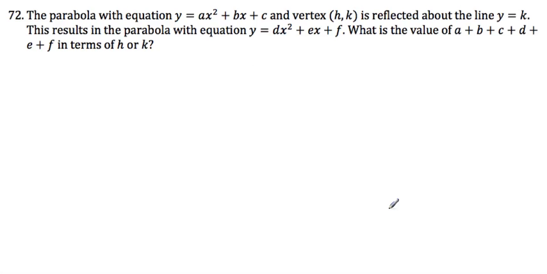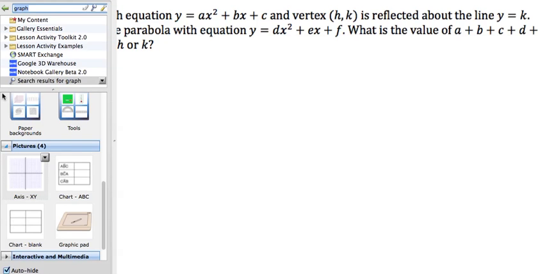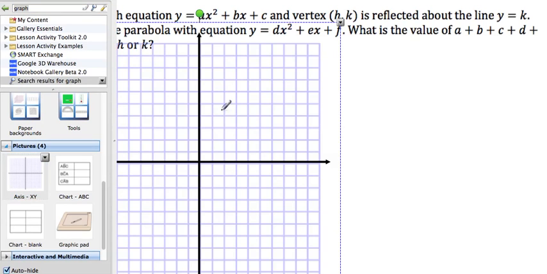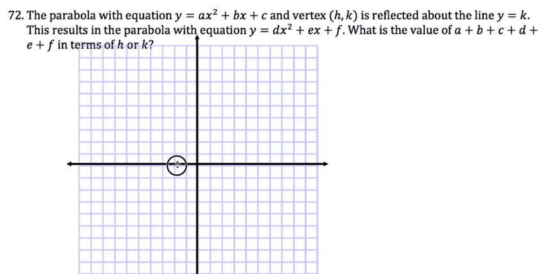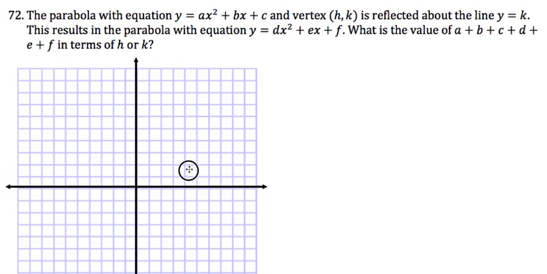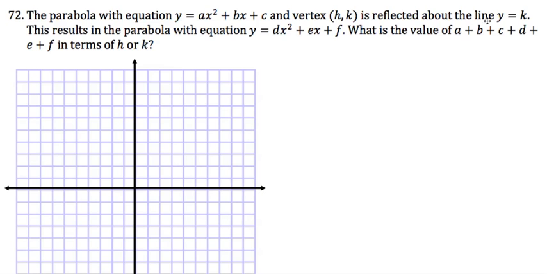Here, number 72, a parabola with an equation such as this one has vertex h comma k. So let's just assume something here. As an example, we have a parabola reflected about y equals k.